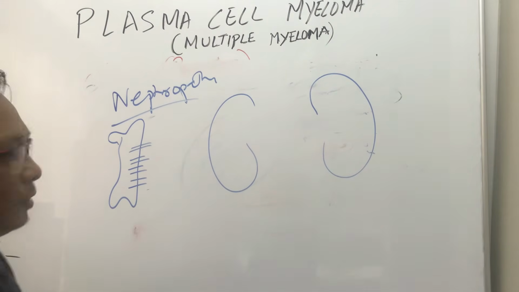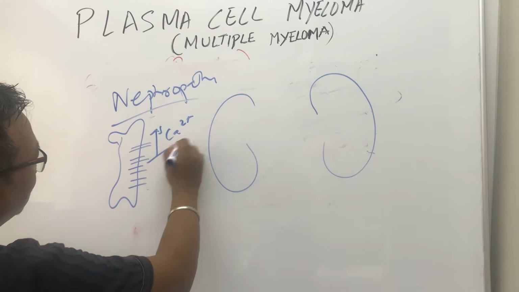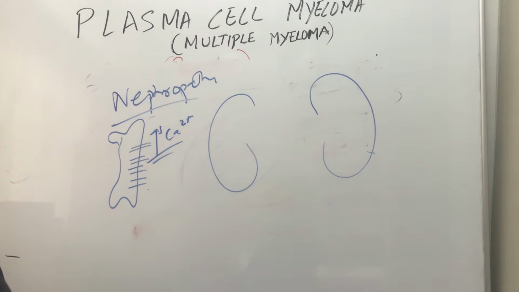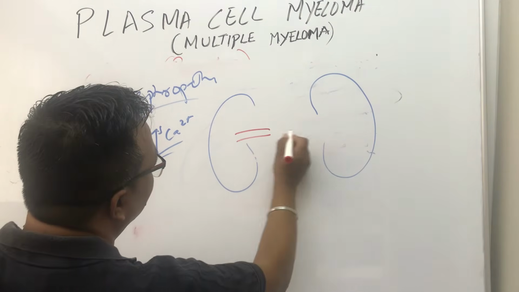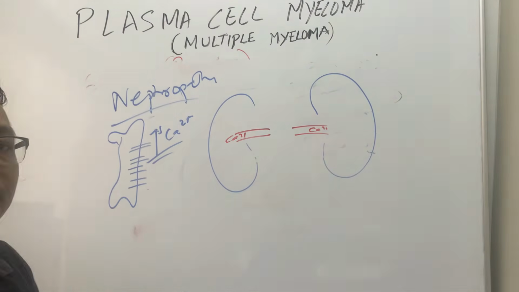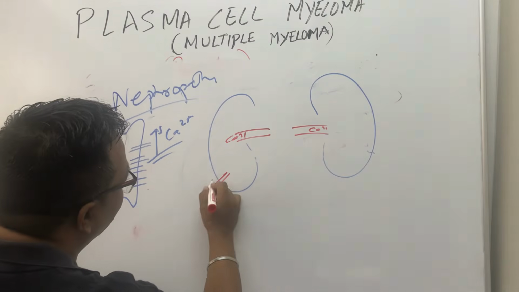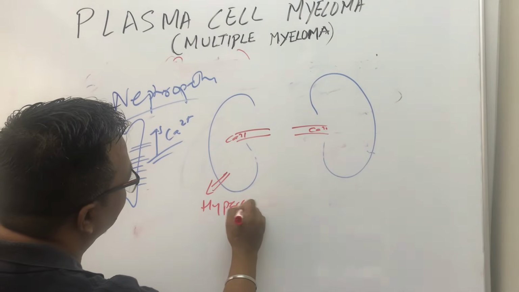When there is bone destruction, there will be an enormous amount of calcium ions in the blood, so there is hypercalcemia. These calciums are going into the kidneys. So kidneys are stressed with overloading of hypercalcemia. As a result, there is hypercalciuria also.